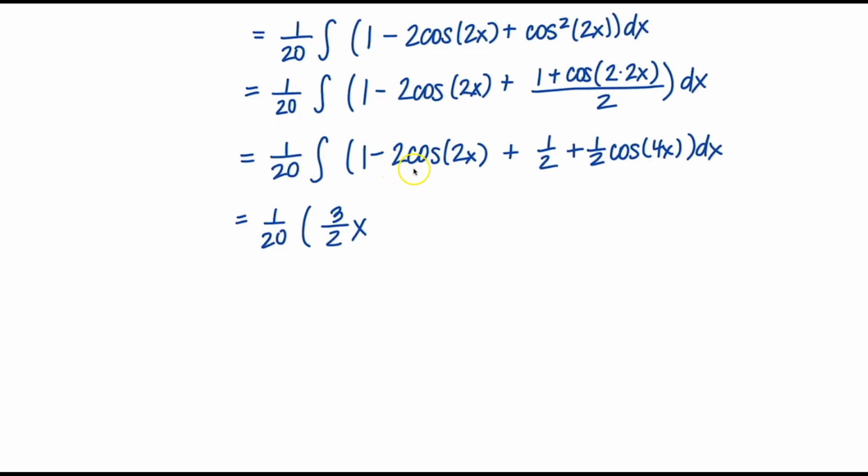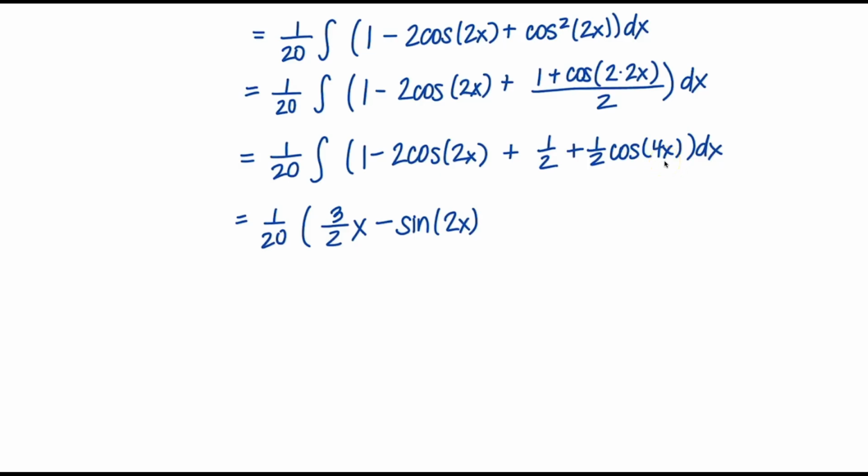And now negative 2 cosine of 2x, the antiderivative is going to have a 1/2 come out, and there's already a 2 there. So it's really just going to be minus sine of 2x. And then we've already taken care of the 1/2 with the 1. So now we're going to find the antiderivative here. And a 1/4 is going to come out because this is a 4x.